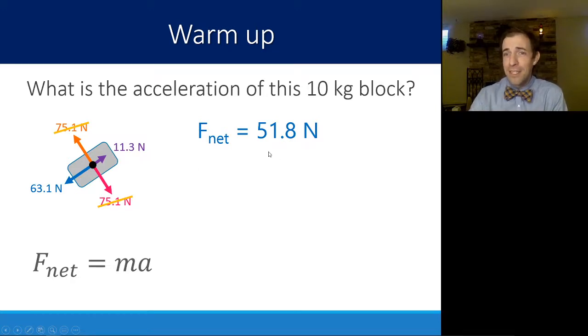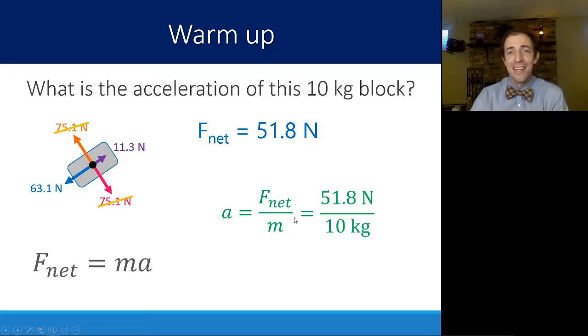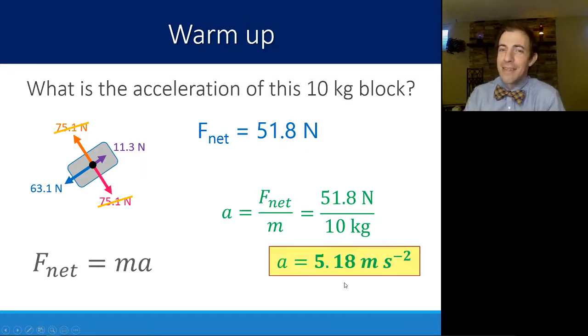If you know the net force is 51.8, and you know that the acceleration is just F net divided by the mass, then using the mass of 10, 51.8 divided by 10 gives you an acceleration of 5.18 meters per second squared.